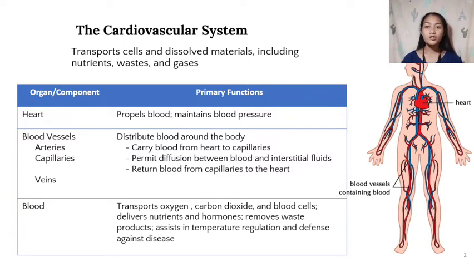So in the image shown, we can see the cardiovascular system of the human body, with the heart as its main organ, and the blood vessels, which consist of the arteries, which are the red blood vessels, the veins, which are the color blue, and capillaries, which are the smallest and barely visible blood vessels, which connect the arteries and the veins.